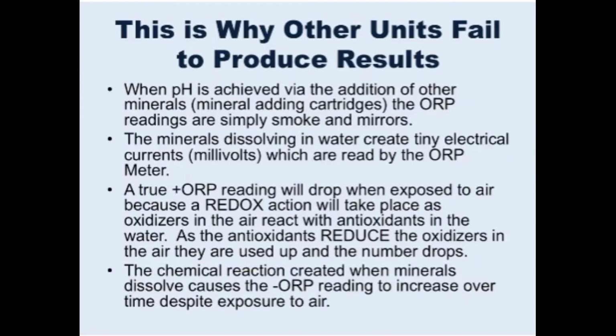The ORP meter is only reading these tiny electrical charges, and it does not distinguish between minerals dissolving in the water and molecules that have split. So it doesn't distinguish between negatively charged hydroxyl ions and minerals dissolving in water, because all it's doing is taking electrical readings in the water.